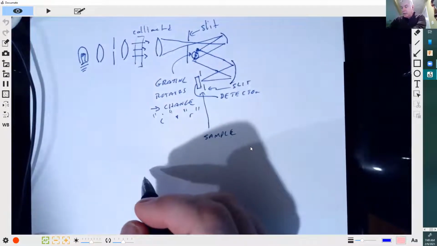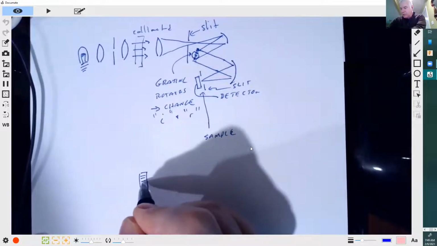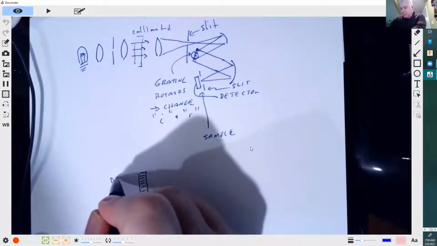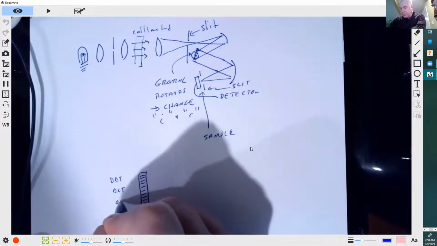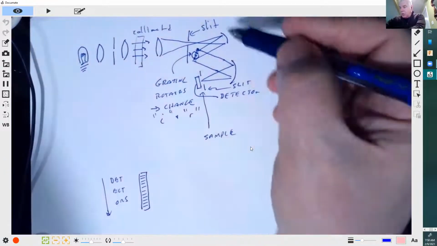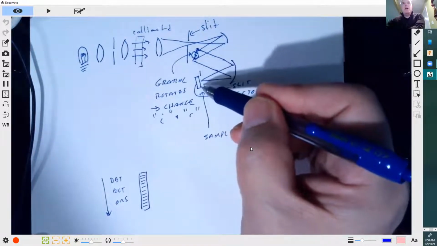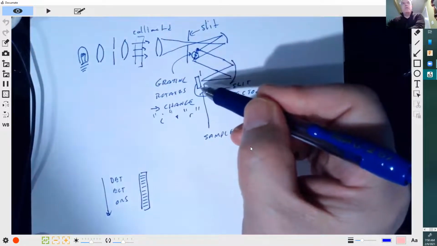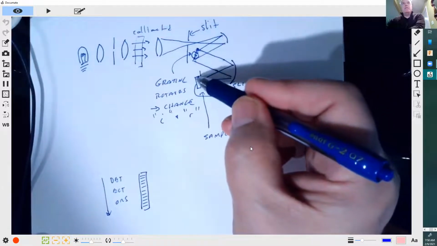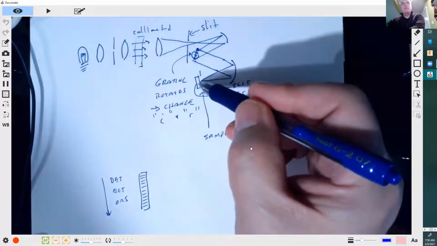What you'll have is an array of detectors, and you just arrange it such that the array detector is set up on the focal plane of the monochromator, such that at each point on the detector, there's a different I and R value represented, right?